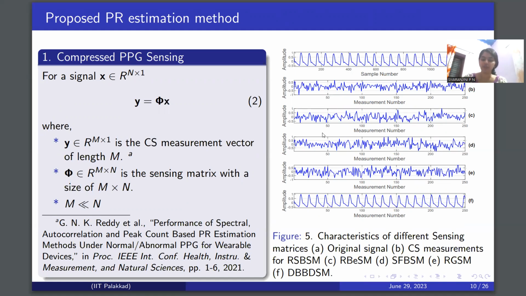Based on our study, we found that the deterministic block binary diagonal sensing matrix, shown on the last slide, can be used for directly finding the pulse rates without the computationally complex reconstruction process, because the shape and characteristics of the original PPG signal is preserved in the compressed measurement when the DBBD sensing matrix is used. So we are using the DBBD sensing matrix with a compression factor of 5 in the study.